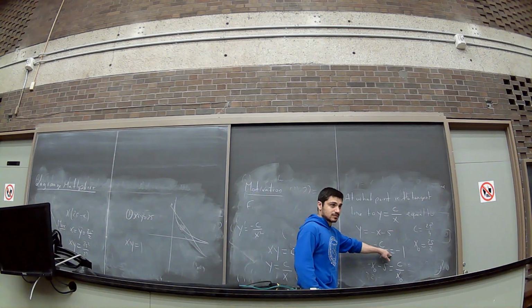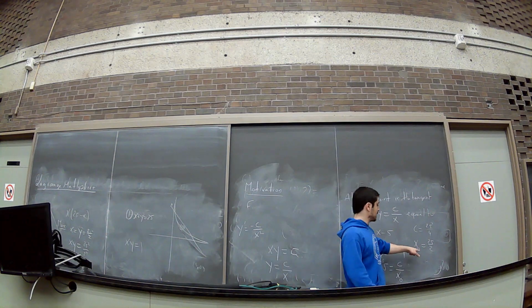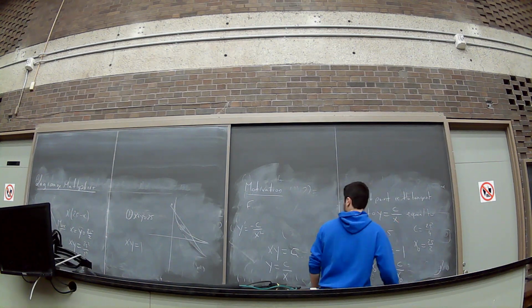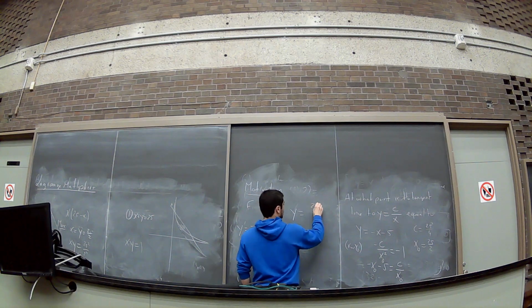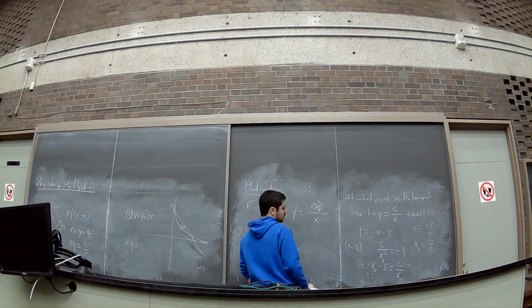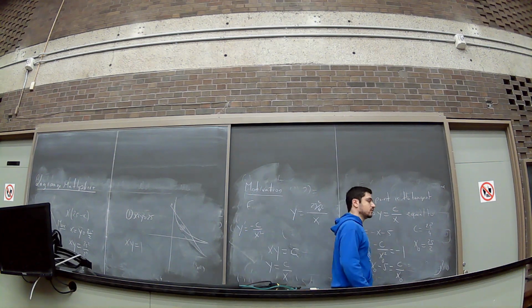It's minus 1. Okay, and what is the tangent line to this parabola at the point where x0 is 25 over 2?